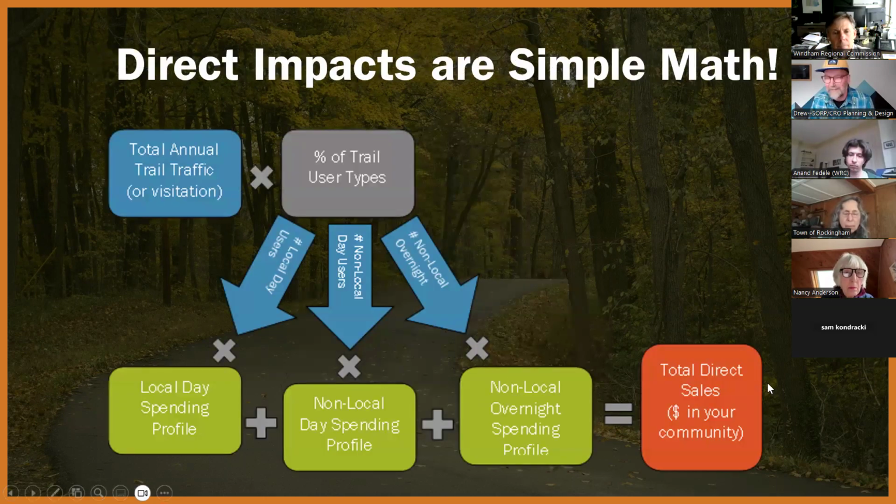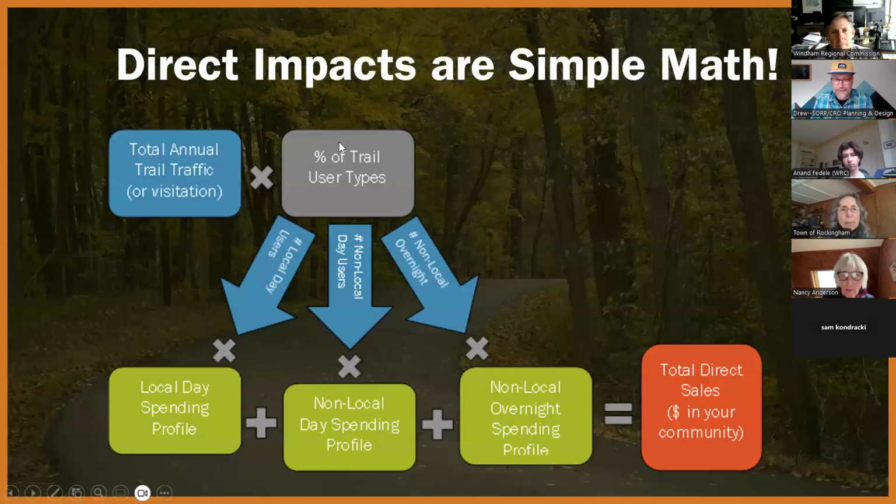But back to my argument that this is just simple math, the direct impacts really are. If you have an estimate from Jeff that 200 people came out on Christmas Day, and you have an estimate of the type of user those 200 people were, and I can give you some good assumptions for that.